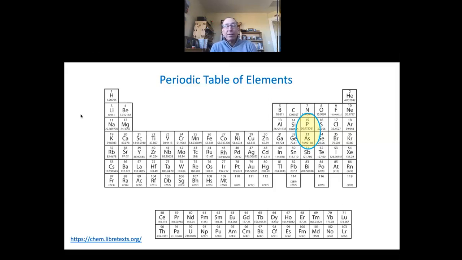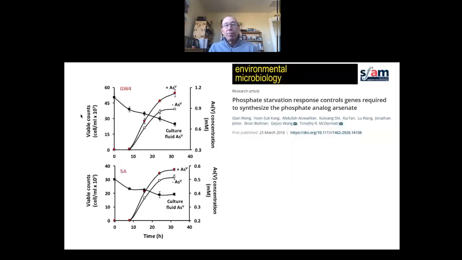So meaning it has a very similar electronic structure. And this is the reason that cells can actually take up arsenate through the phosphate transporter. It's also led to ideas that arsenate can replace phosphate in certain biomolecules.